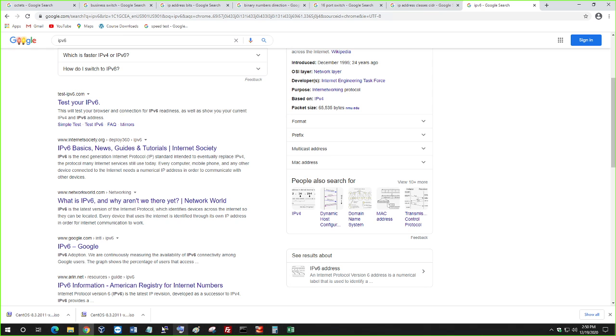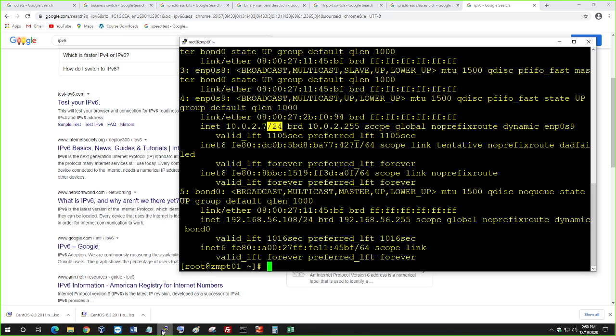In here, I think our system is showing IPv6 too. Yeah, this is IPv6. It's running on 64-bit. Ours is 2 to the power of 32, and this is 2 to the power of 64.